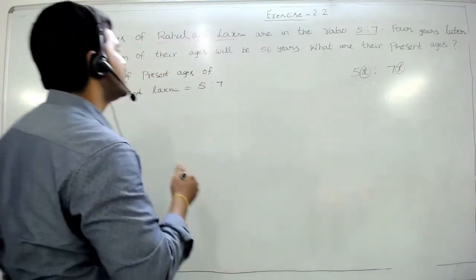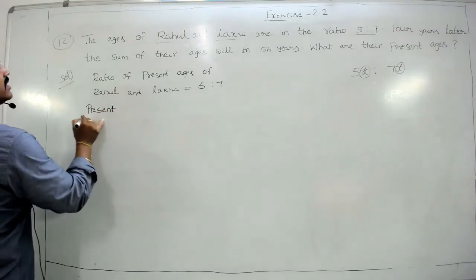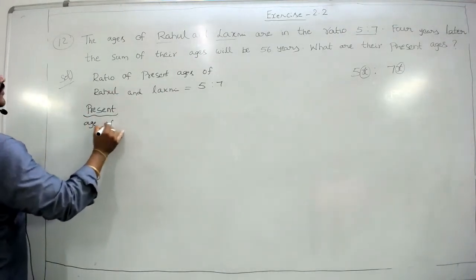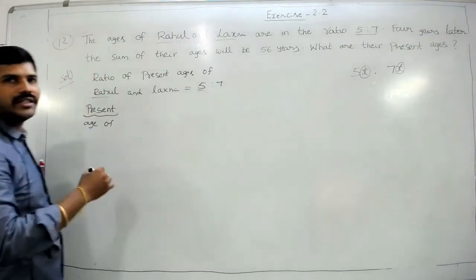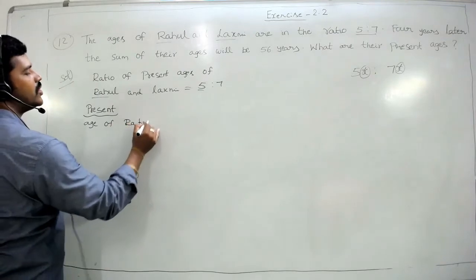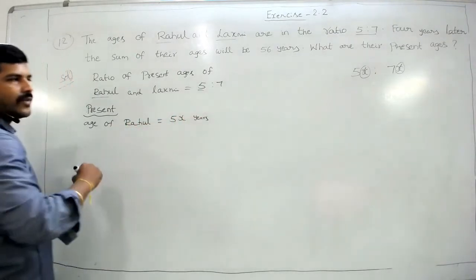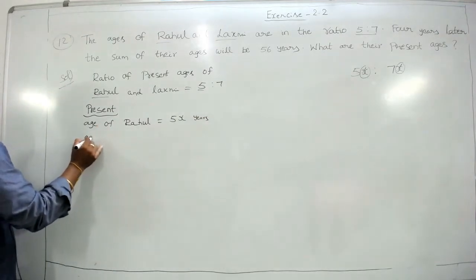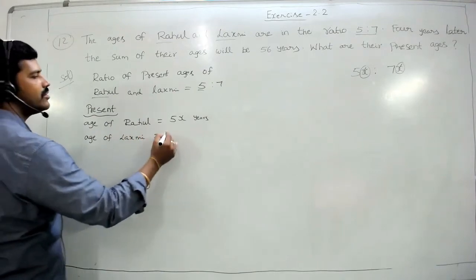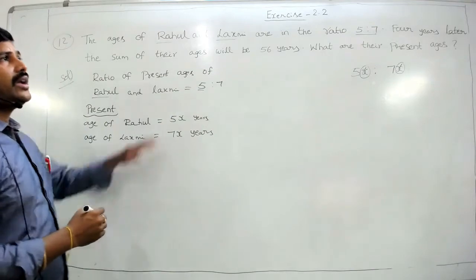Now what does it stand for? All this is about present. Order is important. Present age of Rahul is equals to 5x years. Next, age of Lakshmi is equals to 7x years. Fine.